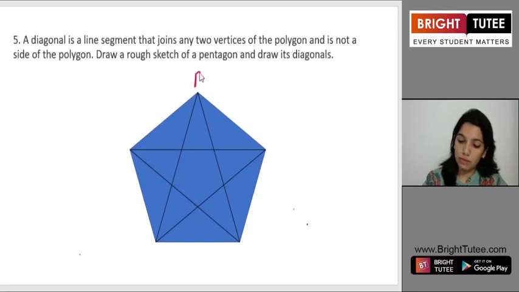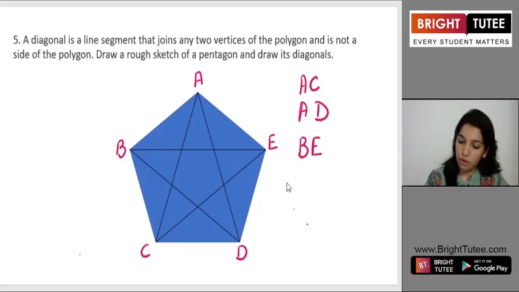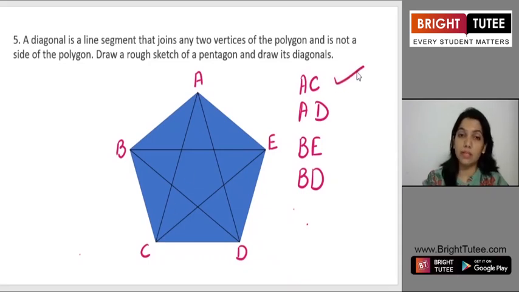So if I name the vertices A, B, C, D and E, let's name all the diagonals that we have drawn. We have diagonal AC, we have diagonal AD, then from B we have diagonal BE, we have diagonal BD, then from point C we have diagonal CA, which we have already named as AC, so we can't repeat it again.